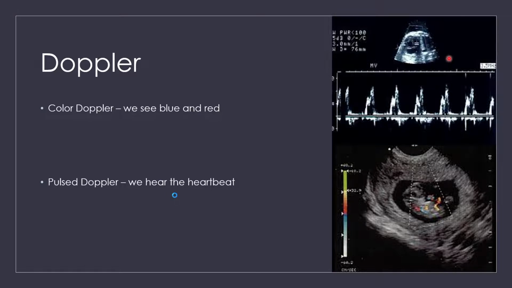So the only time we would want to use the pulse Doppler is if the patient is abortion minded or abortion vulnerable, and we really feel like that can help them connect to that baby. Okay, that's the only time we would want to use that before 14 weeks.